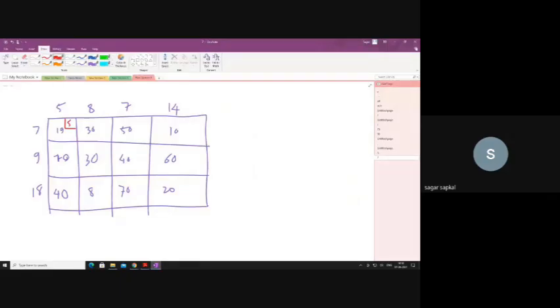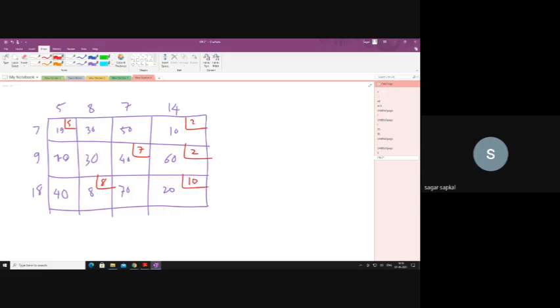Next, 1 4, value 2. Next, second row. Tell me quickly, which one? 2 3, 7. 2 4, 2. 3 2, 8. 3 4, 10.